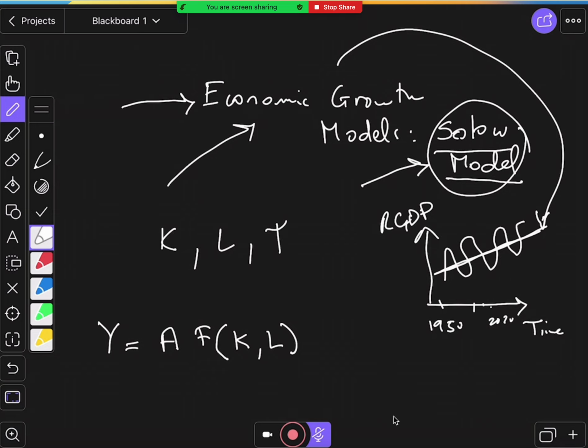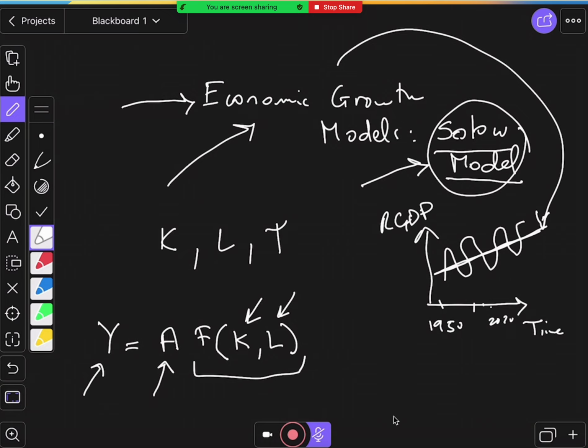And at that point, I told you we call this output, we call this technology, we call these factors of production, capital and labor, right? So output depends on capital and labor.